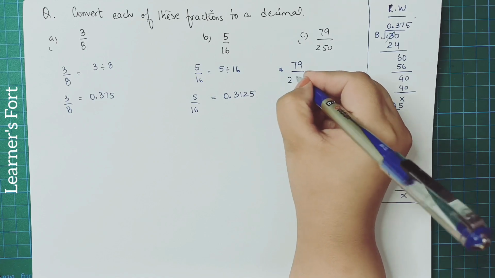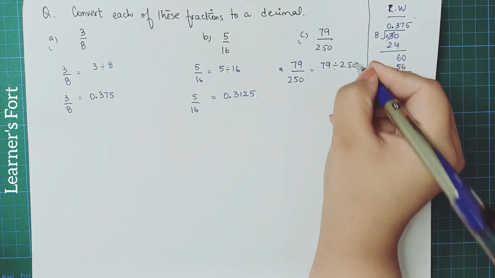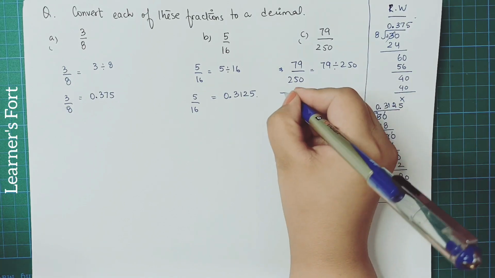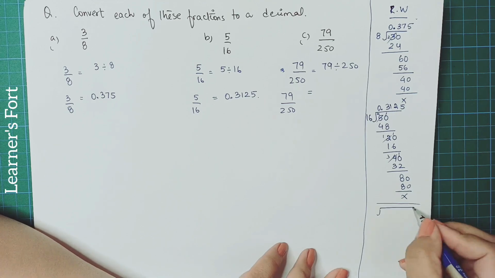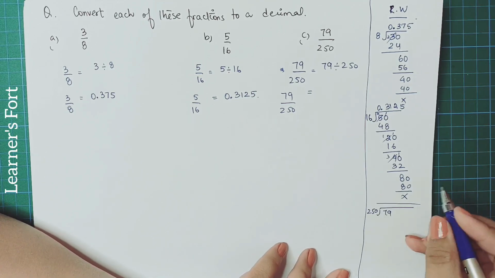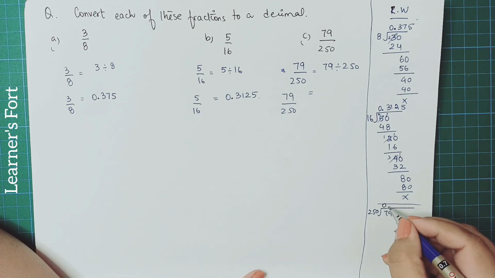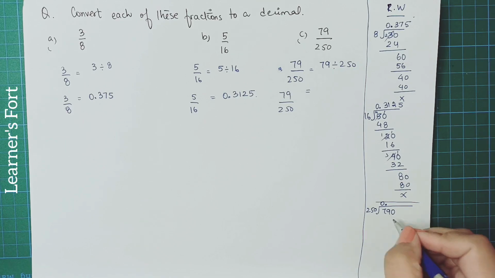Okay, now let's move to the next one, which is 79 upon 250. 79 upon 250 is equal to 79 divided by 250. We're going to divide 79 by 250. Alright, so we're going to first write the point and have a 0 here. Which is the nearest?